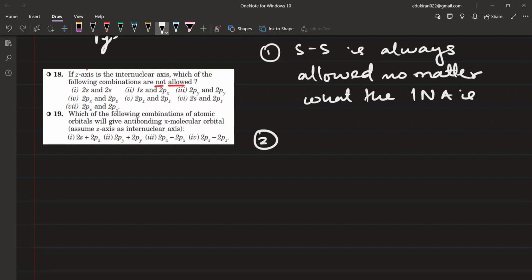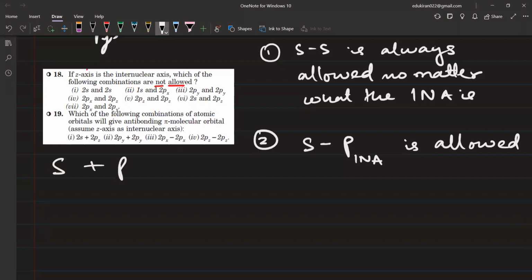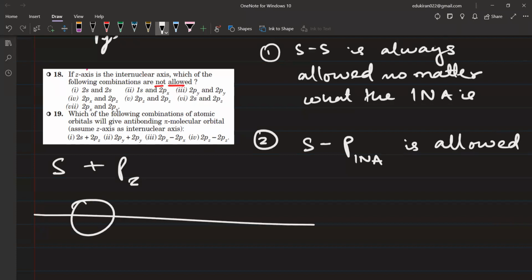Second thing, when you have S and P, S and P of the internuclear axis is allowed. Suppose you have the Z axis, then S and PZ is allowed. Why? This is your internuclear axis, PZ will be like this, so this will be allowed.